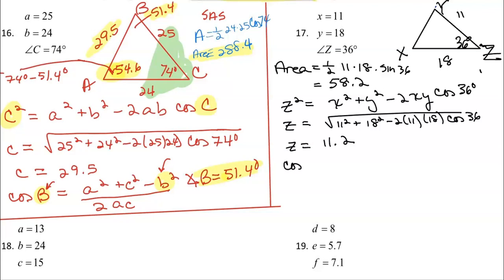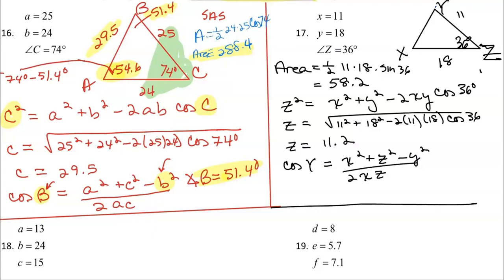I'm going to do the cosine of y, and that's going to equal x squared plus z squared minus y squared over 2xz. When I plug in my numbers... By the way, also, I'm going to say y equals cosine inverse of x squared, which is 11 squared, plus y squared... what did I just do?